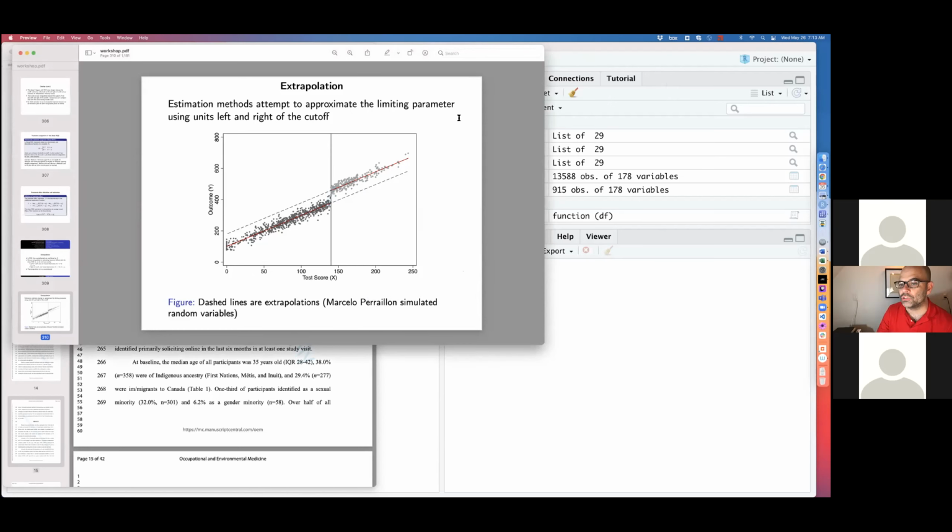Technically we are always estimating a LATE, whether we use local linear regressions, global regressions, non-parametric methods, kernel regressions, whatever. We are trying to estimate the ATE at the cutoff, and that's a LATE if we have heterogeneous treatment effects. Got it. Okay, good.